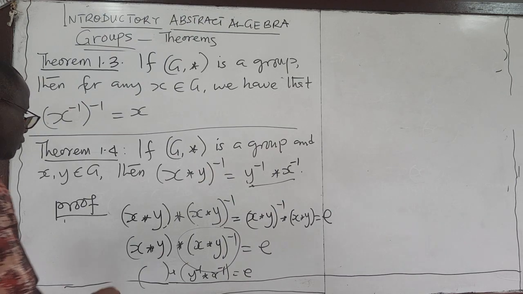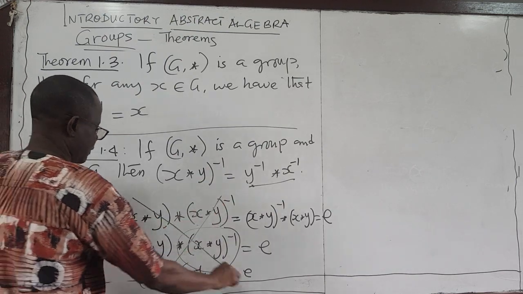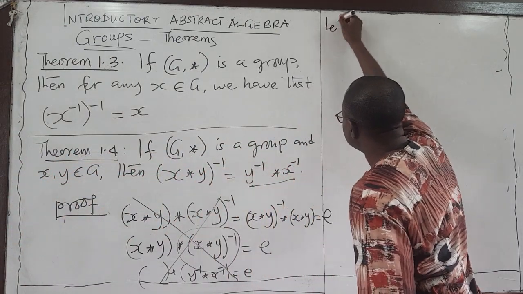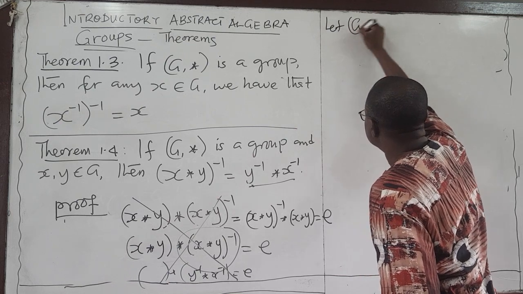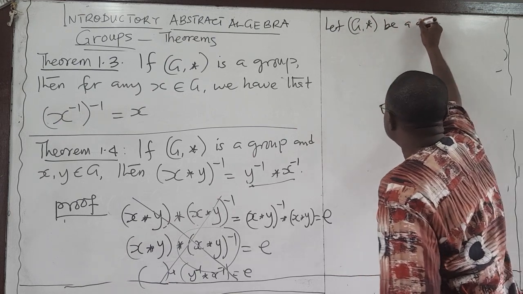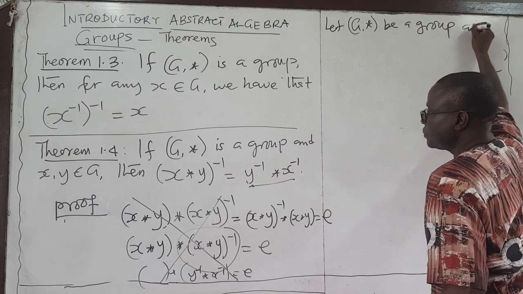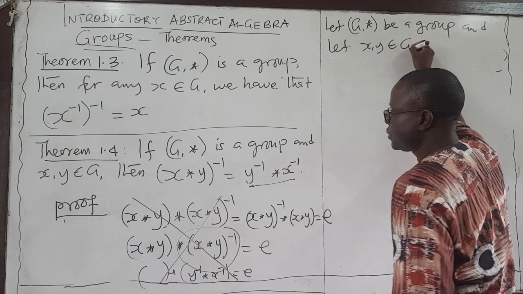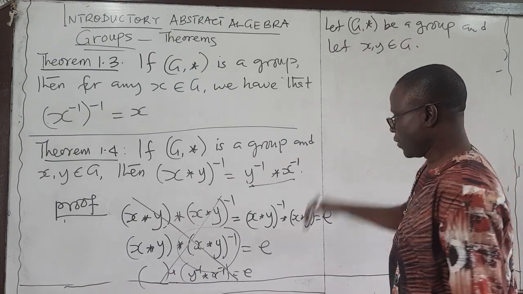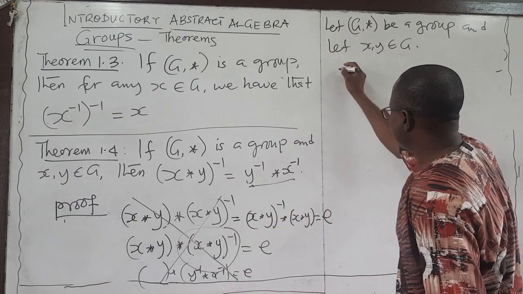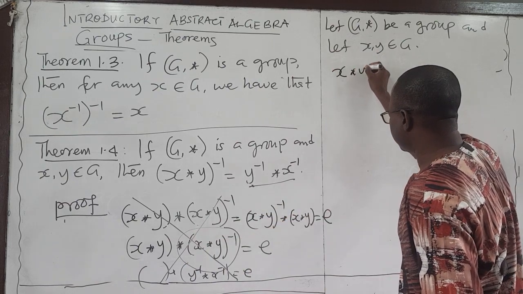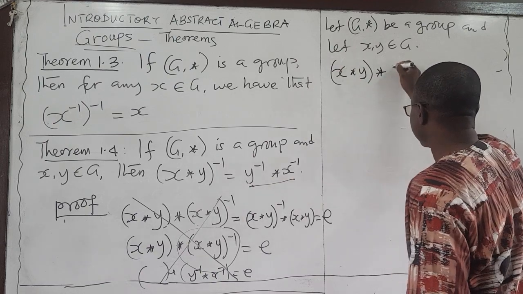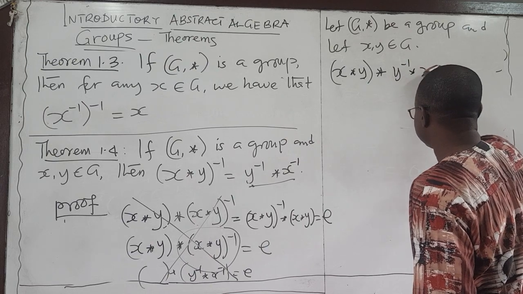Okay, so I'll cancel, this is not it. So to prove it, we say of course let G star be a group, right? And let x and y be elements in G. Okay. So how we're going to do basically this idea here. We're going to take x star y. I'm going to star this with this guy, y inverse x inverse.